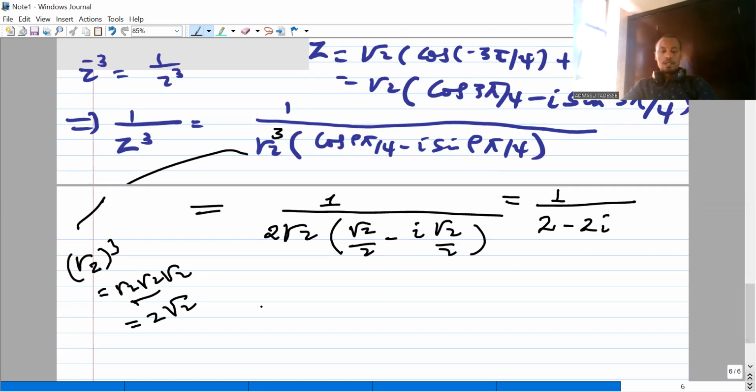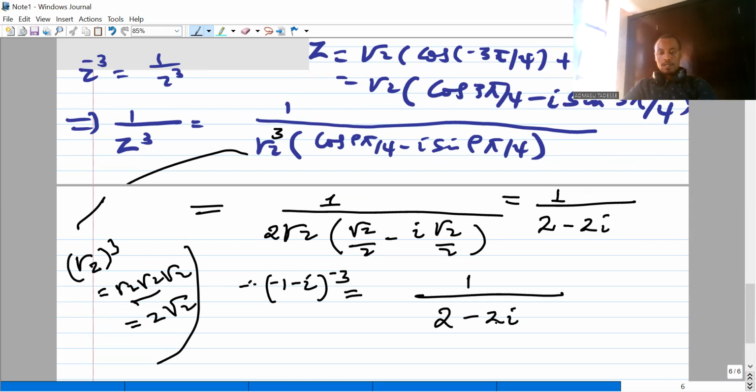Therefore, expanding, minus 1 minus i, so the whole to the power of negative 3 is given by 1 over 2 minus 2i. We can take the conjugate and multiply both numerator and denominator, which is 2 plus 2i.